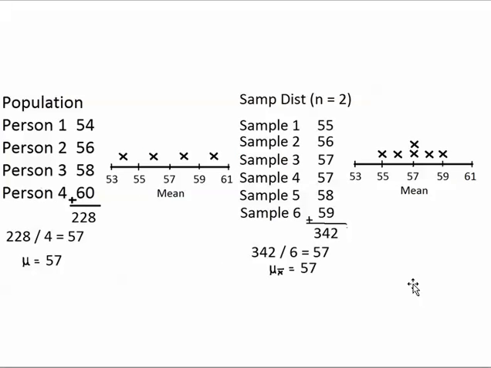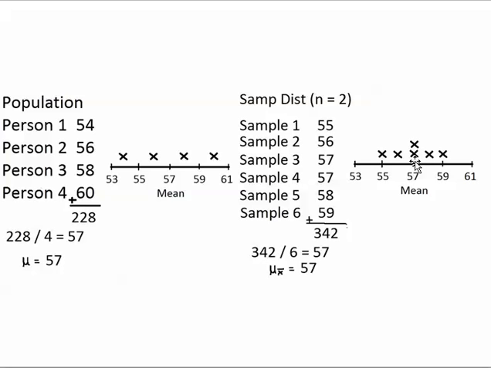So let's look at a visual of this. Here are the 4 heights of the 4 population members, with the population mean at the center. Here are the 6 sample means in the sampling distribution, with the mean of 57 at the center. So the population is centered at 57, because that's the population mean. And the 6 sample means are also centered at the population mean.